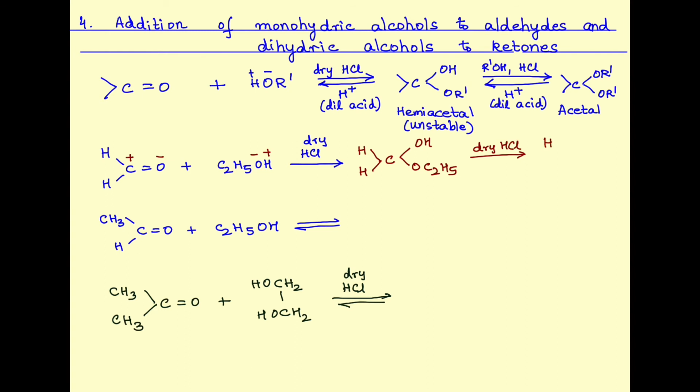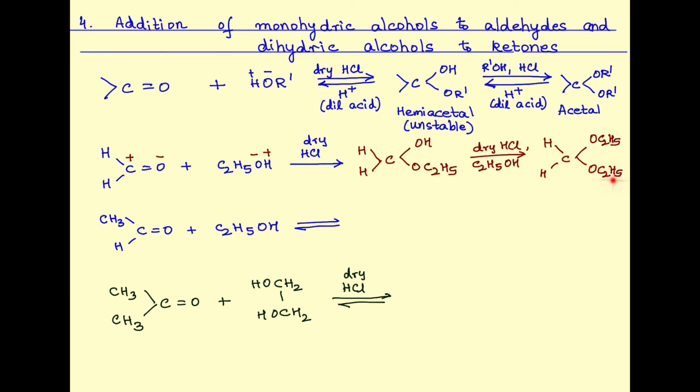H, C, H, and of course, don't forget the alcohol, C2H5OH, and we will have OC2H5 and OC2H5, right? So, two alkoxy groups attached to the carbon.